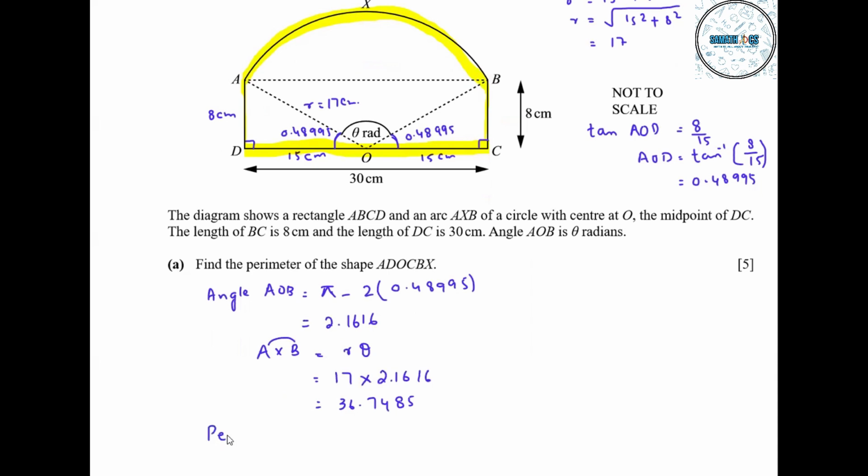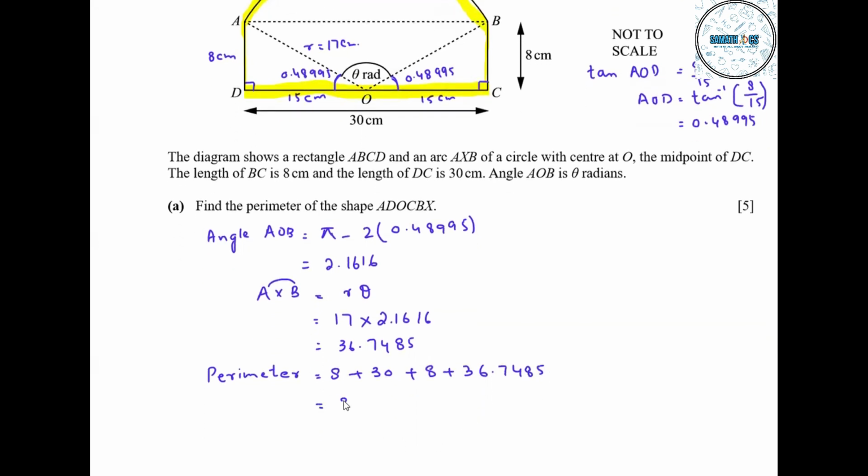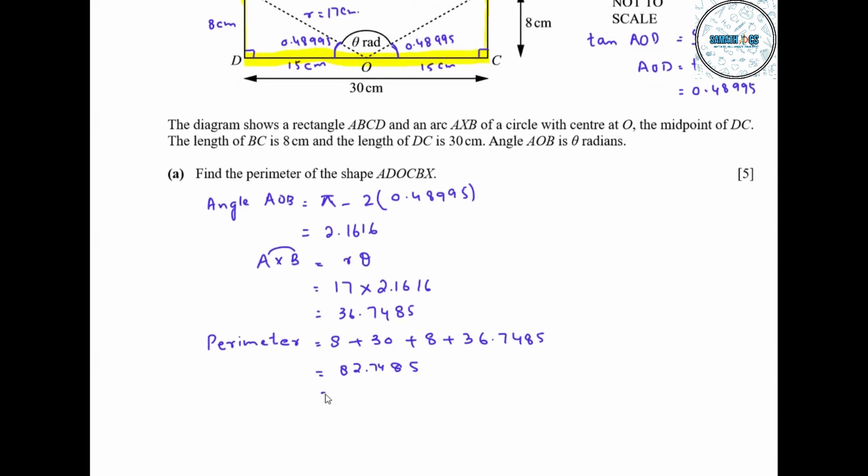So for perimeter, we have 8 plus 30 plus 8, and then this arc length. So finally, we have got here 82.7485. To three significant figures, we can write it as 82.7 units, right? Centimeter, because it's given in centimeter.